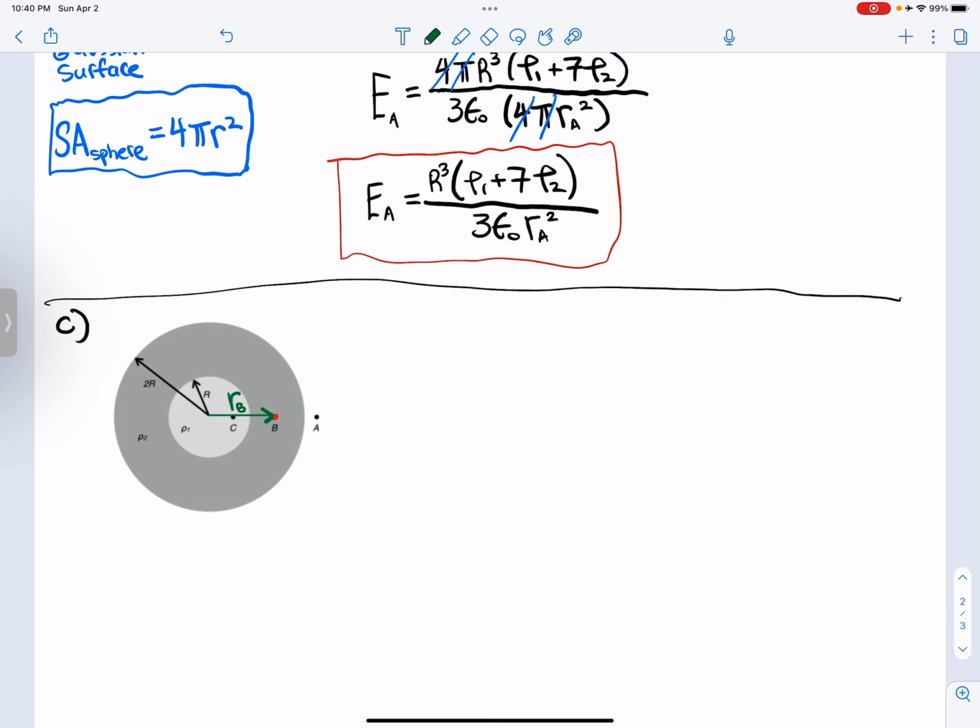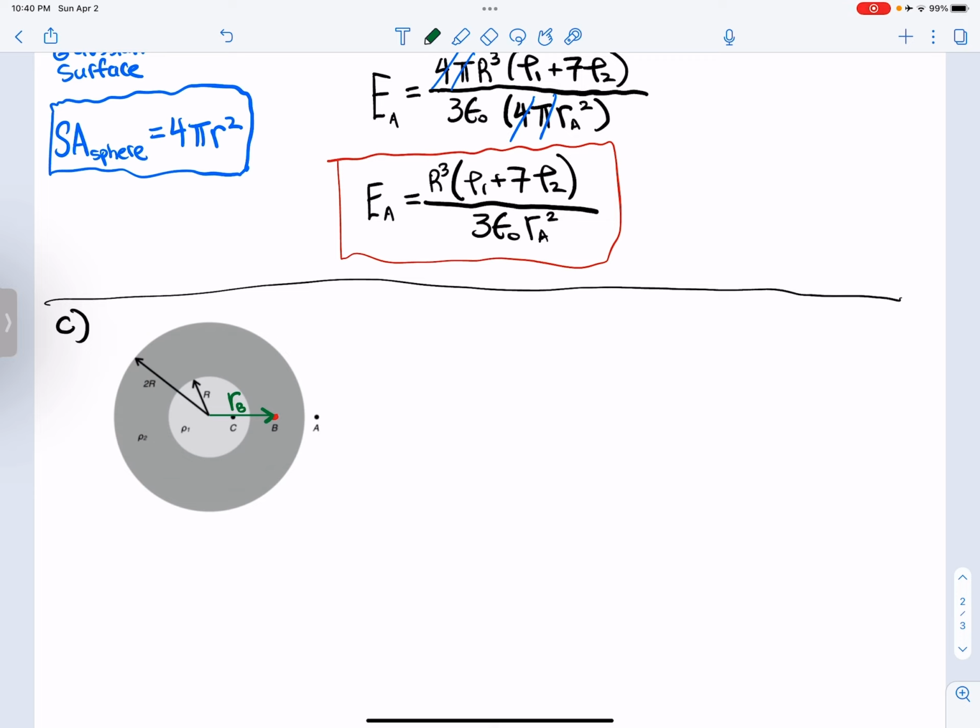And they also said that RB is going to be between this distance R and 2R, which we can see is true, right? Because it's somewhere right here. So it's between R and 2R. All right, that's fine. So let's get on it.